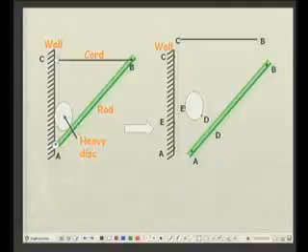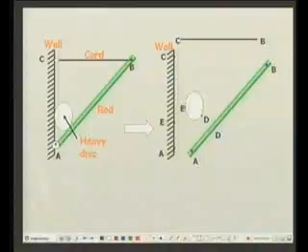Now, we will break this system into 4 individual bodies: the wall as shown here, cord separate, rod separate and disc separate.